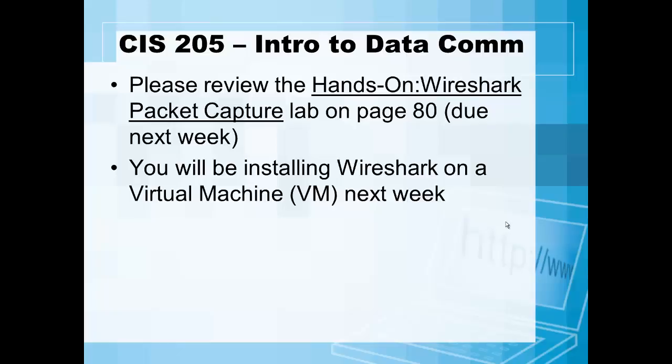And this would be just like you would do on your desktop or other machine, but because it's in a virtual environment, it's completely encapsulated, and you don't risk doing anything to your host system by doing this. So we'll talk more about this next week and perhaps later this week, but go ahead and take a look at the lab as it's laid out on page 80, and you'll have a good idea of where we're going.